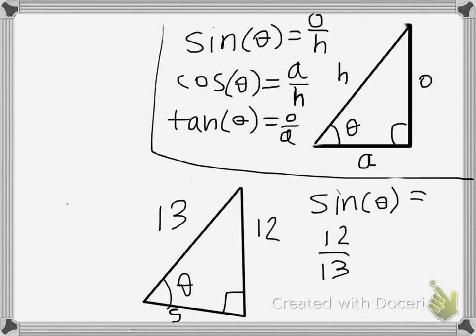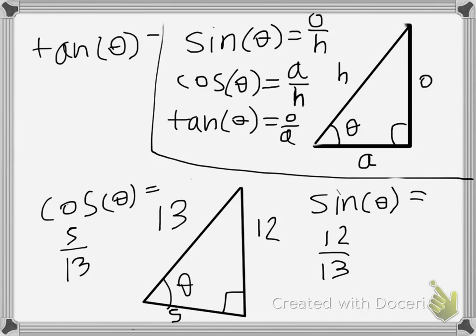So this is theta. Sine of theta would equal 12 over 13, which is opposite over hypotenuse. Cosine of theta would equal 5 over 13, and tangent of theta would equal 12 over 5.